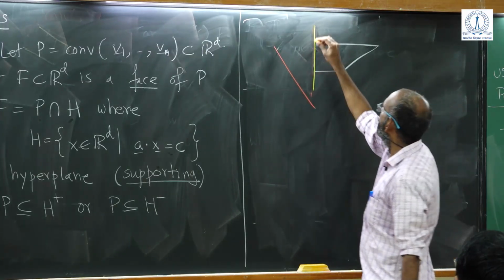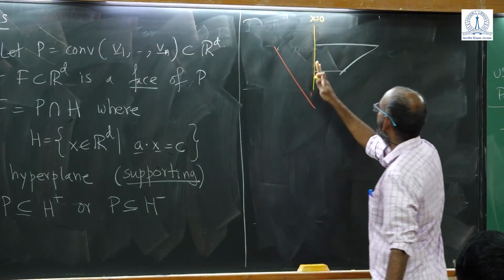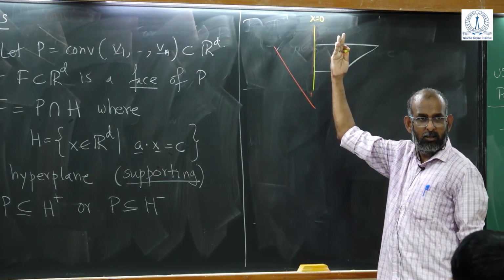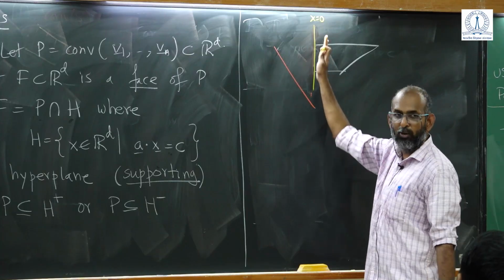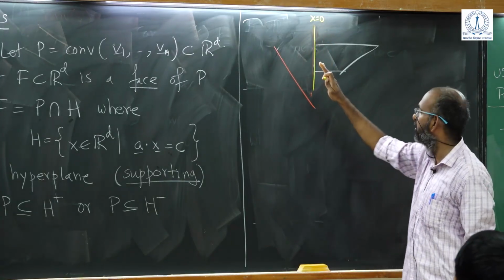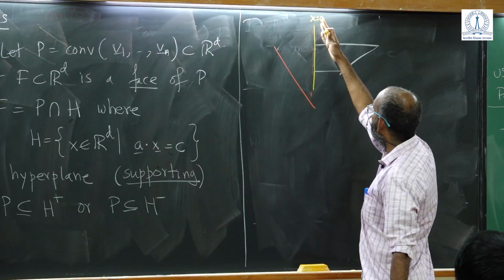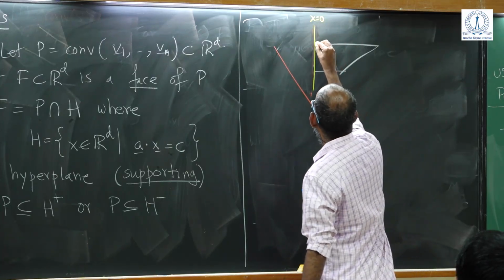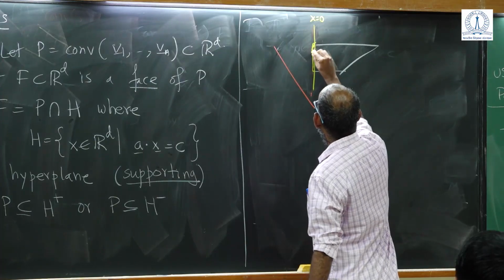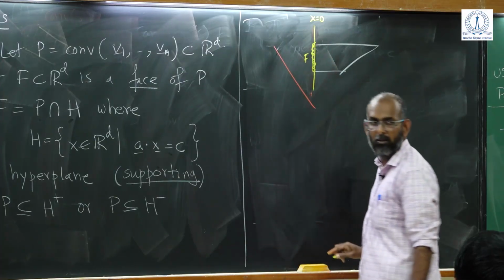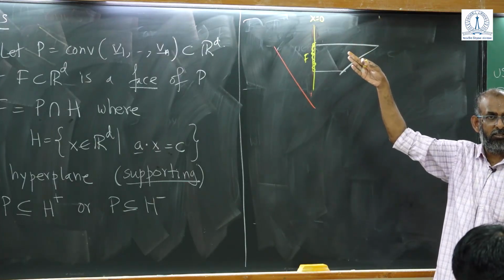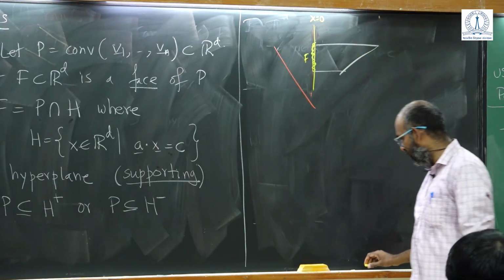So this is an interesting hyperplane because the polytope lies entirely on one side, where I also include the 0. And the intersection is this bit over here. So this thing is the face. Okay, P intersection that hyperplane is a face.